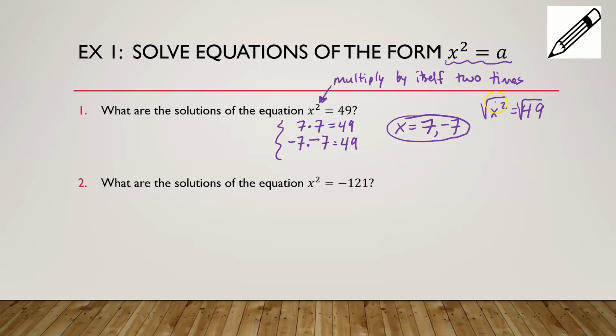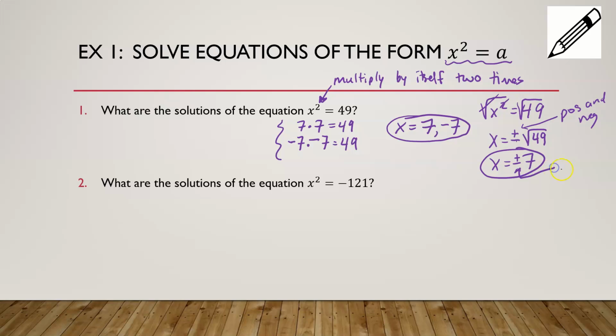But when we do that, it cancels out the square here, and we get x equals plus or minus the square root of 49. So when you solve by taking the square root of both sides, you have to include the positive and negative answer. And this is the symbol for the positive and negative version of an answer. Now I get x equals plus or minus 7.